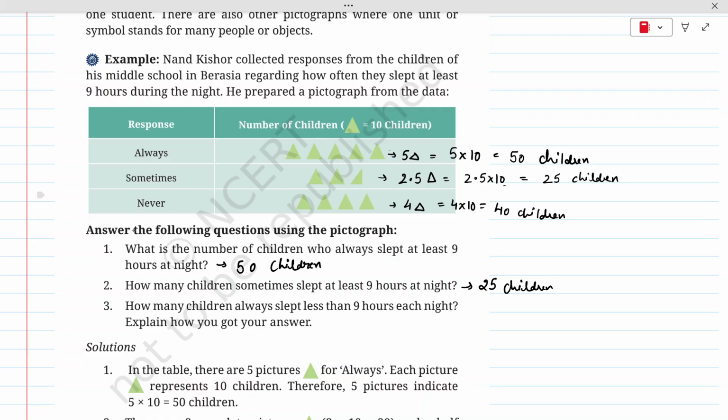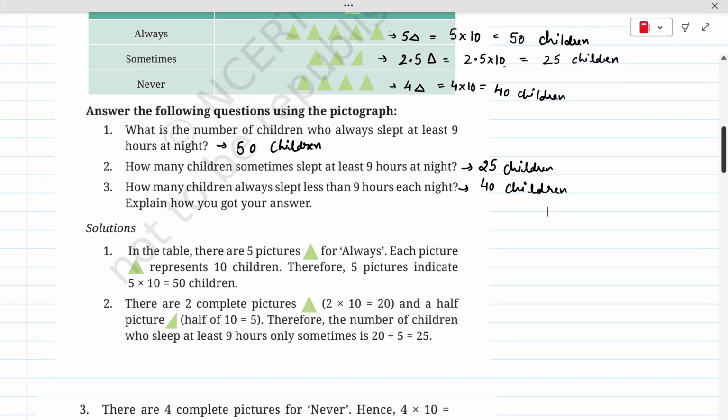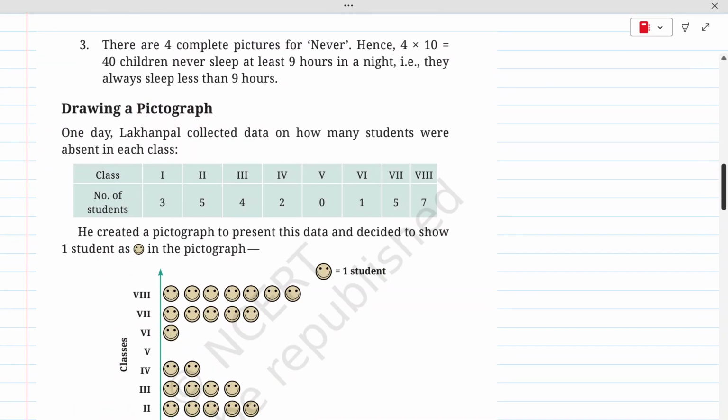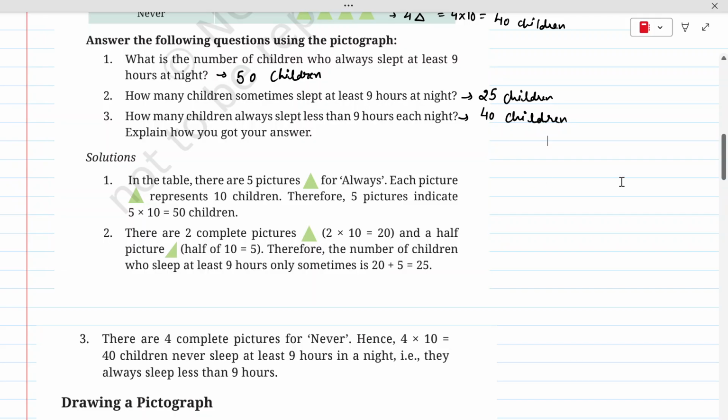That will come under the category of never. So we have the answer as 40 children. Now, these are the solutions given to us here. This is the same thing which we have just discussed, kids.